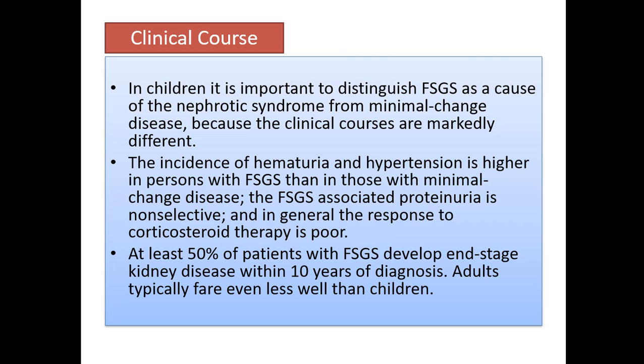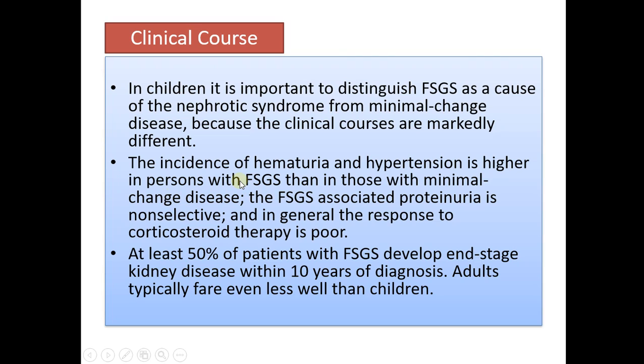In the clinical picture of FSGS, in children it is very important to differentiate this condition from minimal change disease, because minimal change disease shows a good response to corticosteroid treatment, while in FSGS the response to corticosteroids is inconsistent. The incidence of hematuria and hypertension is higher in FSGS, and it is a more severe disease when we compare it with minimal change disease.